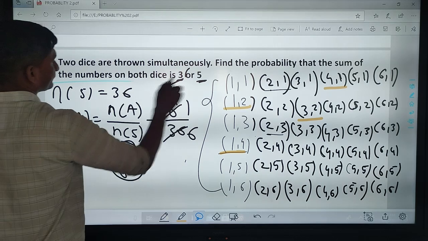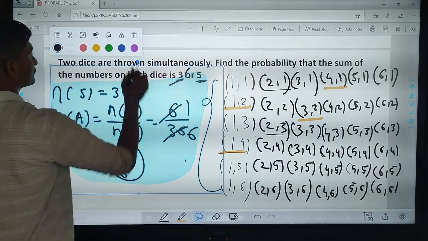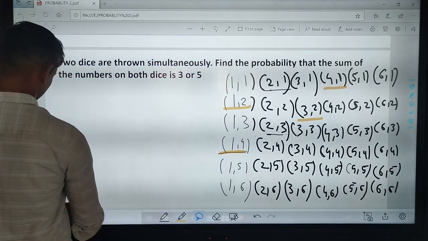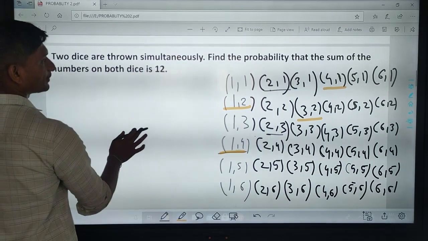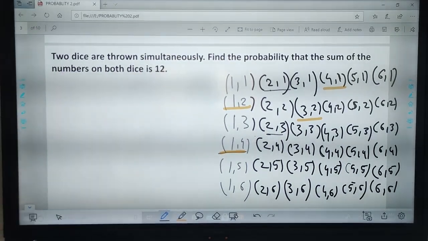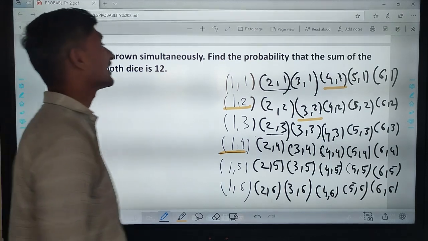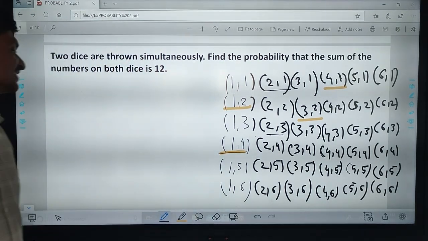Now next. This is simple. Two dice are thrown simultaneously. Find the probability that the sum of the numbers on both dice is 12.